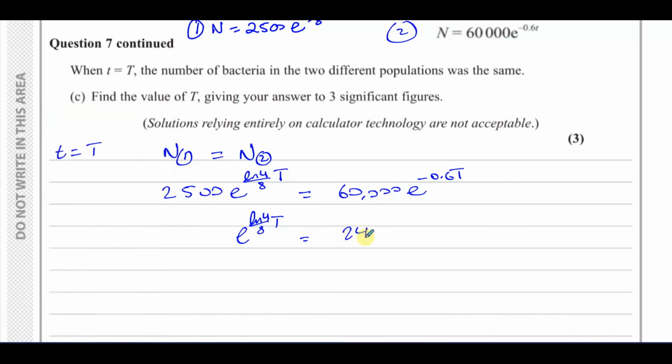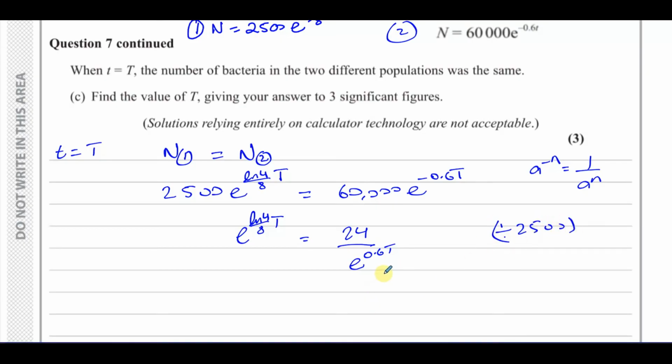And I'm going to write this as 24 over e to the power of 0.6T, to get rid of the fraction, because remember, a to the power of minus n is 1 over a to the power of n. So we've divided by 2,500 first.